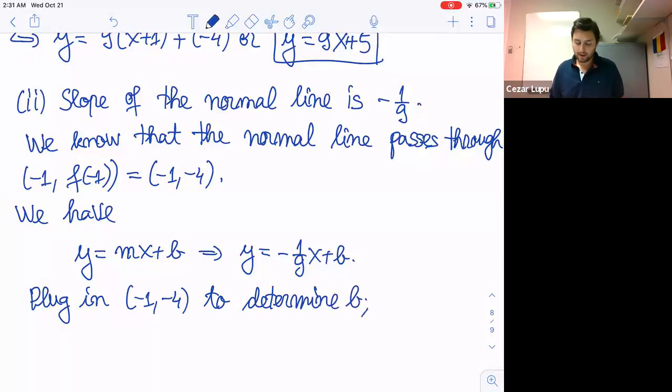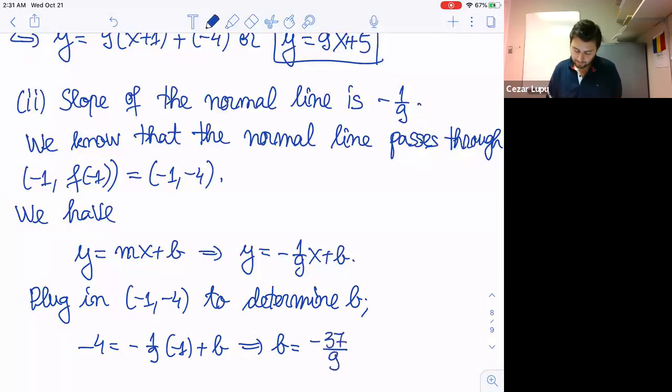So we have that -4 is -1/9 times -1 plus b. And from here, after some computations, b will be -37/9.